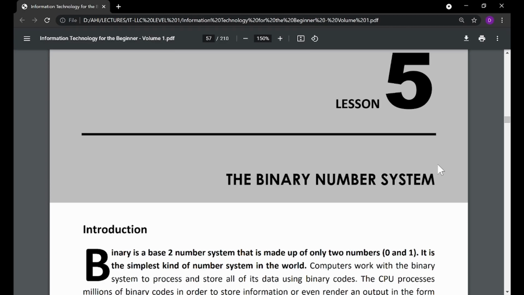In other words, you must understand this first, because this is ICT. We are talking about the binary number system. We are talking about the building blocks of technology.